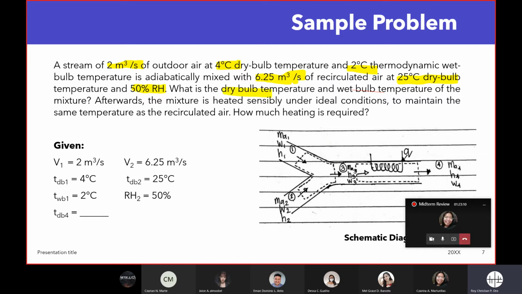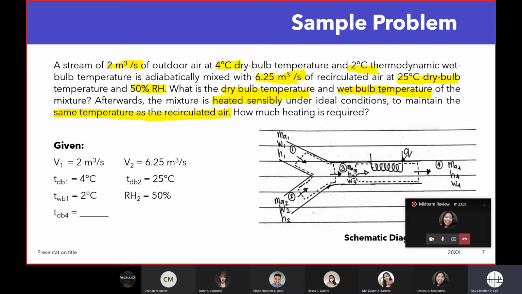What is the dry bulb temperature and wet bulb temperature of the mixture? So that's after the mixing. Afterwards, the mixture is heated sensibly, under ideal conditions, to maintain the same temperature as the recirculated air, so that's your TdB4. How much heating is required?